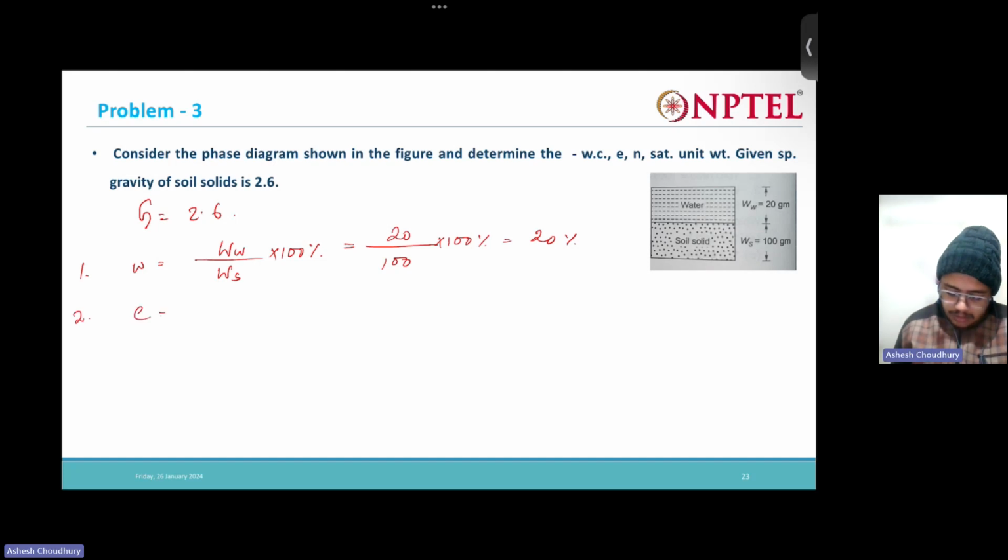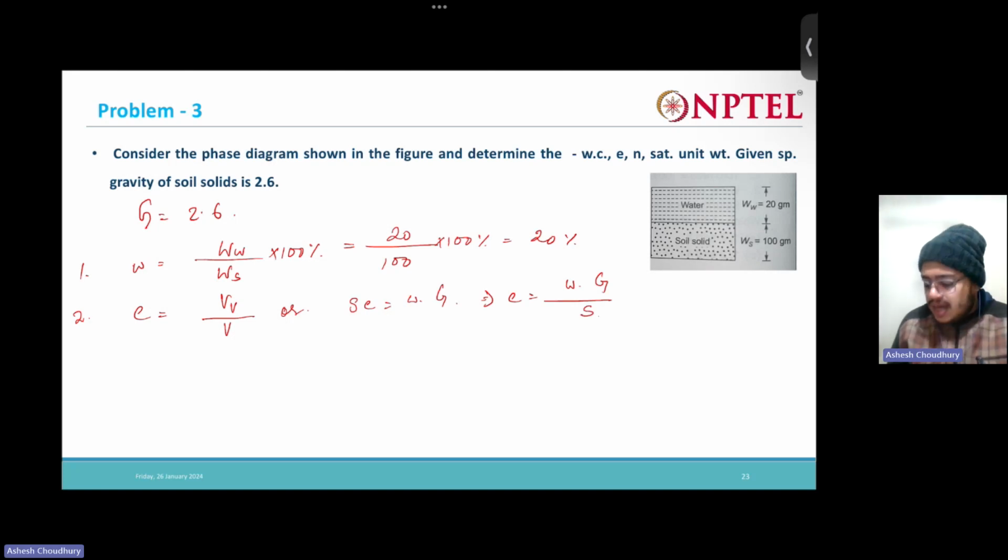Next we have void ratio. What is void ratio? Volume of voids by total volume. Right, so this is the basic definition. Or we have a relation S e equal to w G. From here you can get it. e is nothing but w into G by S. So what is the S?